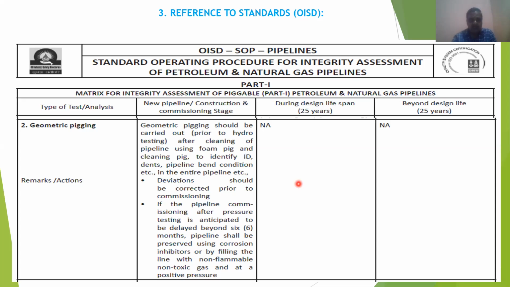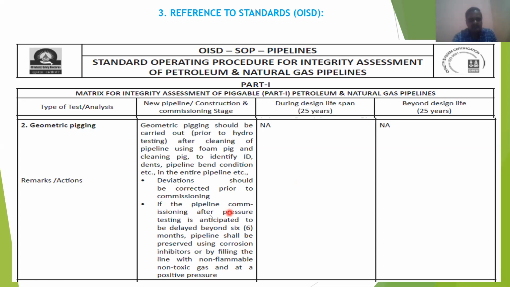If the pipeline commissioning after pressure testing is anticipated to be delayed beyond 6 months, the pipeline shall be preserved using corrosion inhibitors or by filling the line with non-flammable, non-toxic gas at a positive pressure.